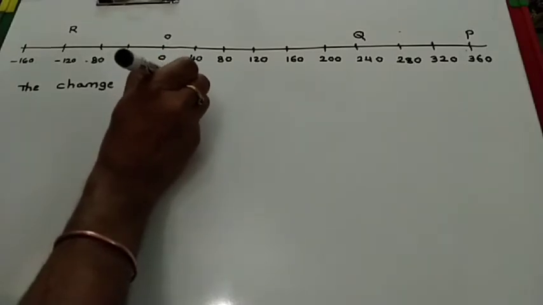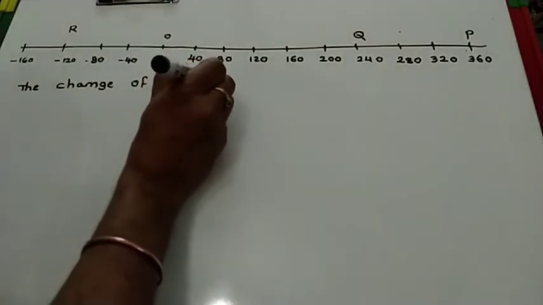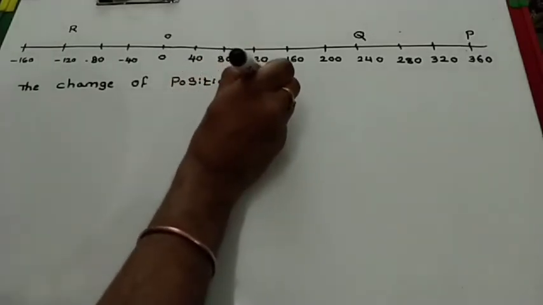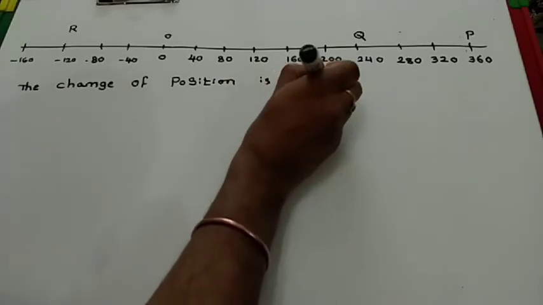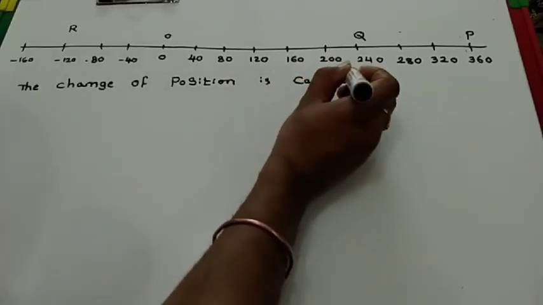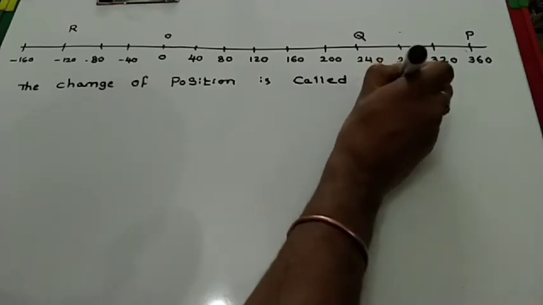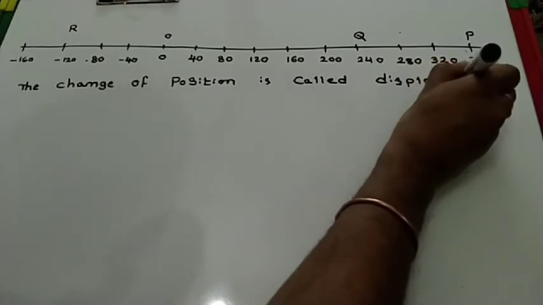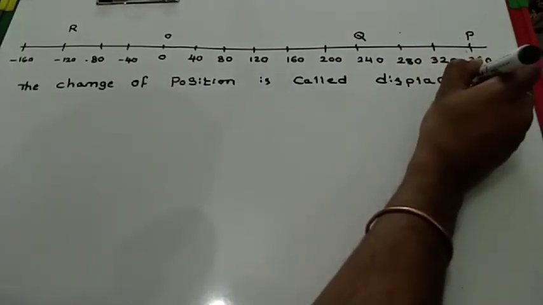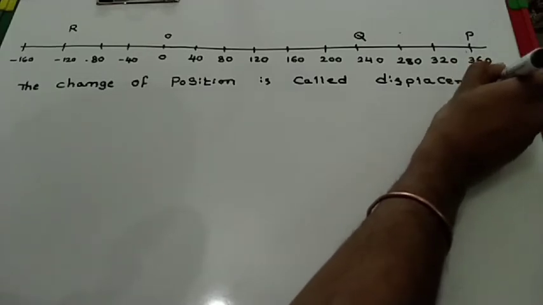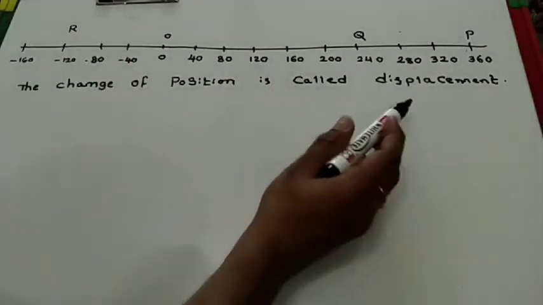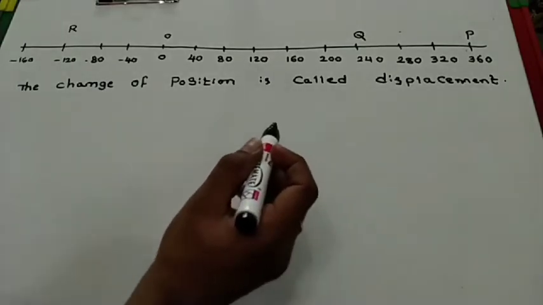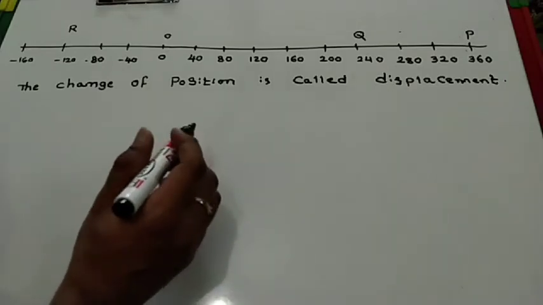The change of position is called displacement. Once again, I am repeating: the change of position is called displacement. Another definition is that the shortest distance between two points is called displacement.